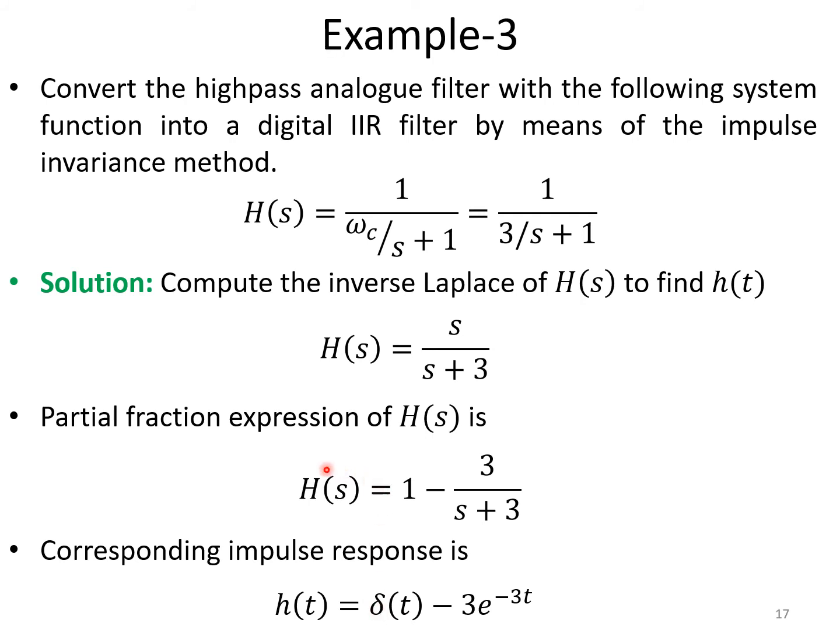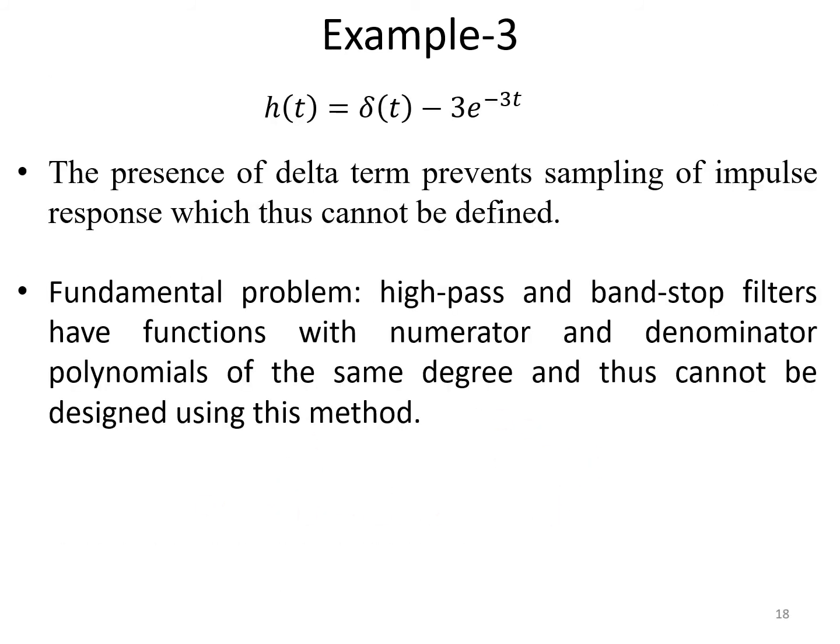So I would say that this method is not suitable for high pass filters and for those filters in which transfer functions are of this form, where when we take partial fractions, a constant appears in the partial fraction expression. So the presence of the delta term prevents sampling of the impulse response, which thus cannot be defined.